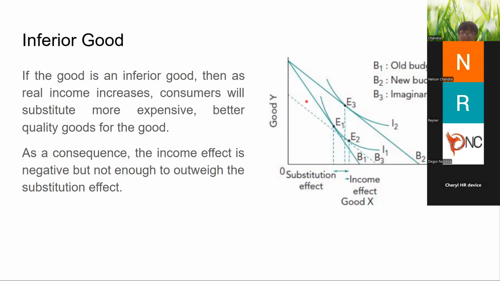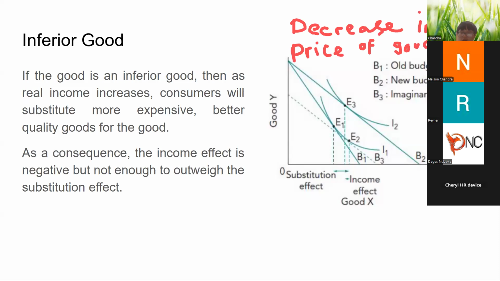Okay, now the scenario first. Under this diagram, the scenario is a decrease in the price of good X. How do I know? Even without the mention here, I would know because of the situation that happens here.